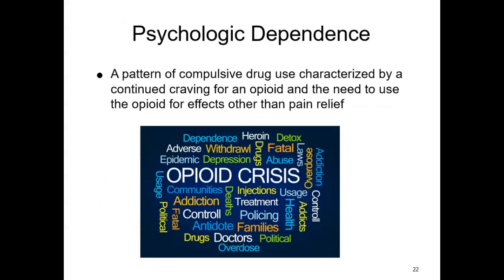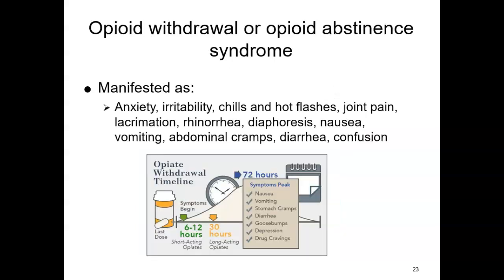Psychologic dependence, now this is compulsive drug use, and it's the craving for the opioid. So this is what we associate with the opioid epidemic. If a person were to stop the opioids, this is what might occur. We have the opioid abstinence syndrome.